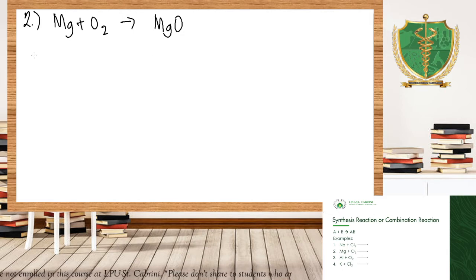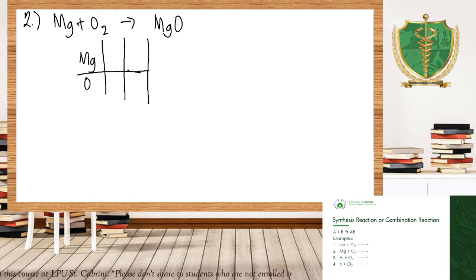The answer is no. Why? Because if we make a table to indicate the number of atoms present in our reactant and our product, we can say that magnesium is balanced, oxygen is not balanced.